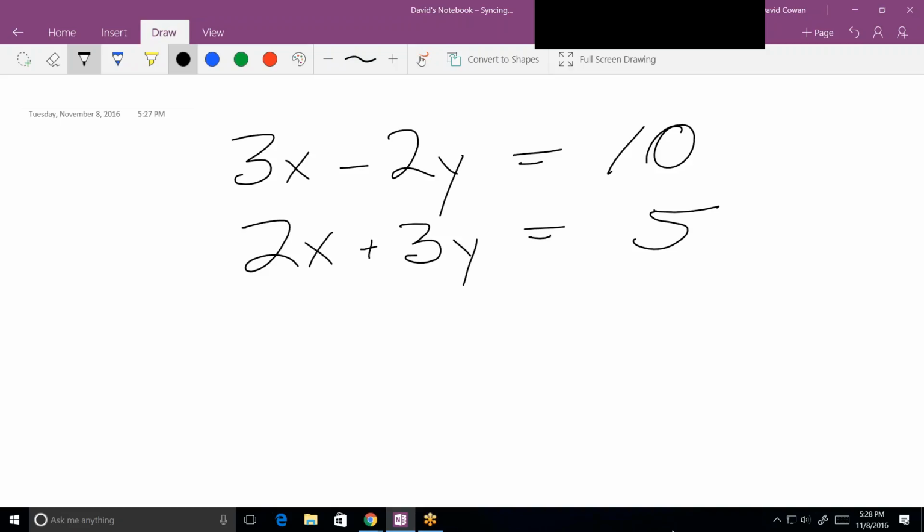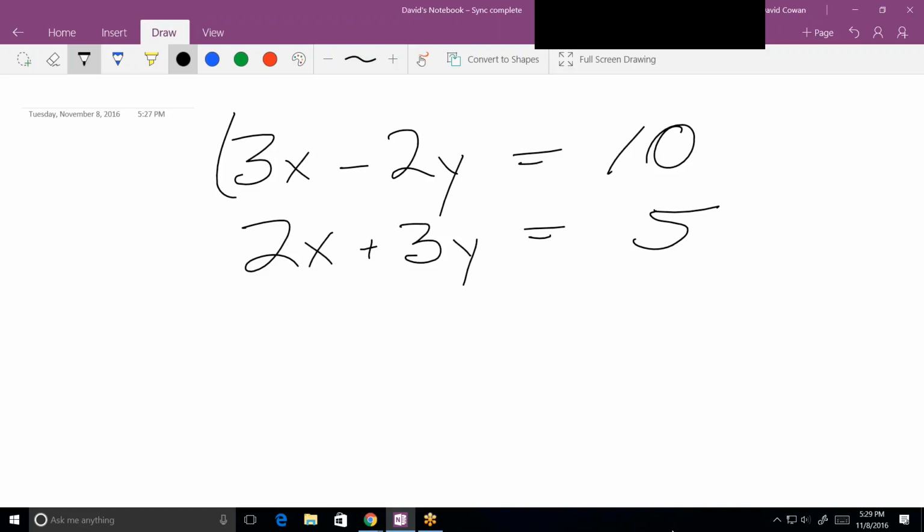By what? The bottom one by... I don't know, actually. Well, I think you're on the right track. You could multiply the bottom one by 1.5, and that would turn this into a 3x, right? But then I'm introducing fractions and decimals, and I don't want that.